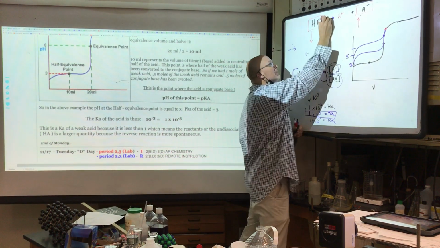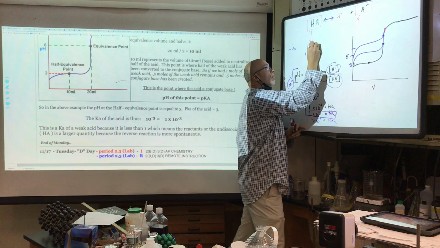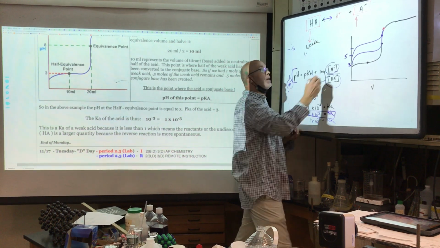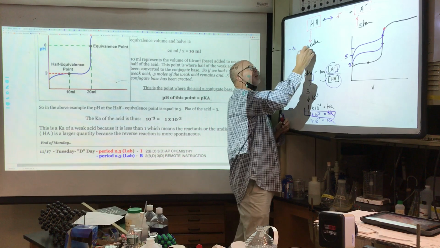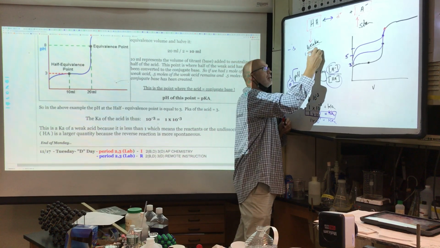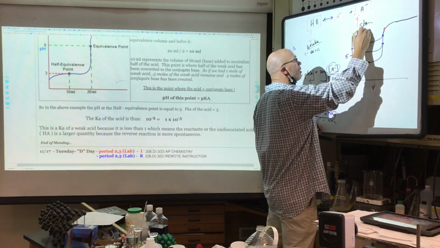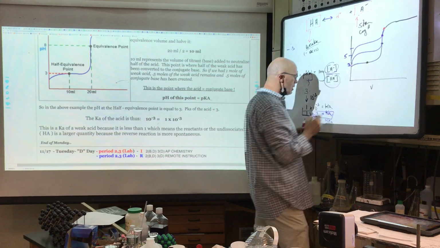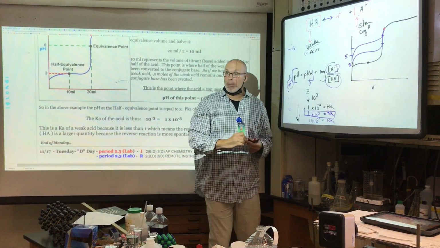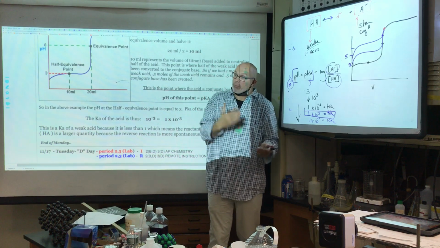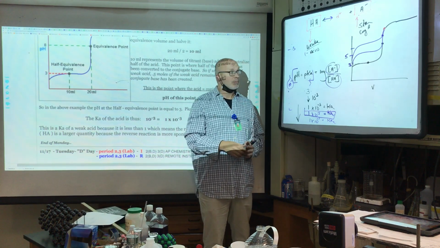Reforming that acid. So weaker acid, or conjugate acid, stronger conjugate base. So as the Kas get smaller, the base strength gets stronger. It's the reason why it works.